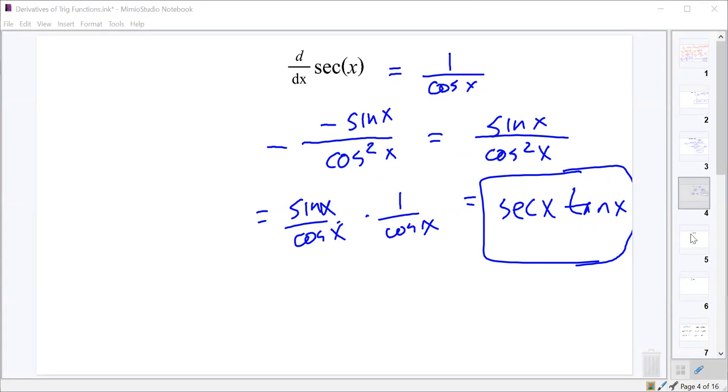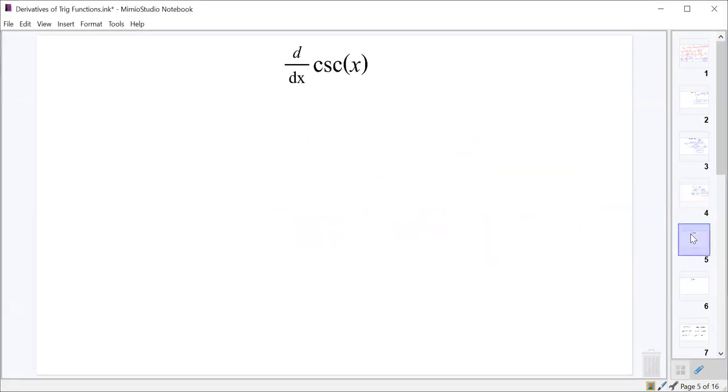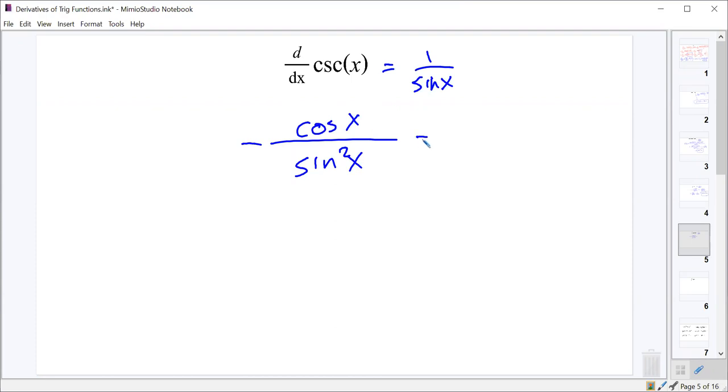All right, let's take a look at cosecant x. We could rewrite that as 1 over sine x. And then the derivative will again be done with the reciprocal rule, which will be negative derivative of sine, so negative cosine x over sine squared x. And then we will rewrite this as negative 1 over sine x times cosine x over sine x.